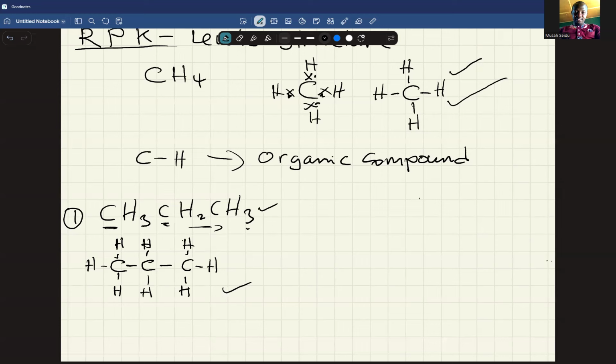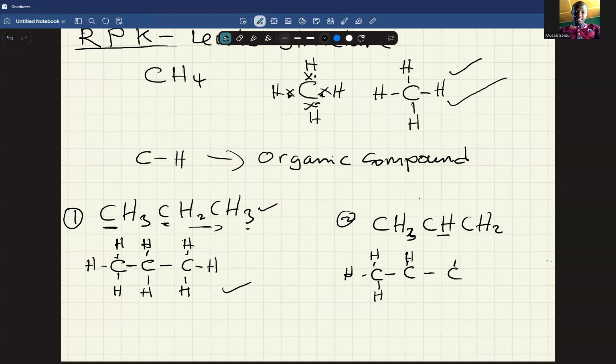Now, the next one, I'm going to draw the structural formula of this. All right. Now, the first C has 3 H surrounding it. The second C has only 1 surrounding it. And the third C has 2 surrounding it.